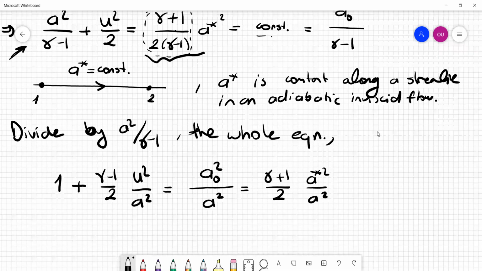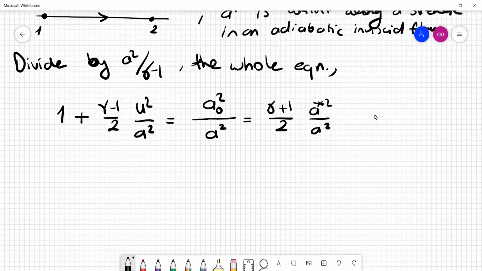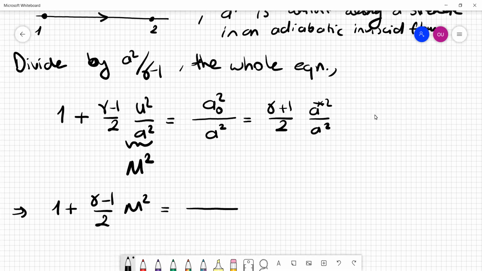Of course, why did I do that? Because I would like to see Mach numbers in my equation. Until this point, I don't see any Mach numbers. And here it is. This is actually equal to Mach square in this equation. So just rewrite it again: 1 plus gamma minus 1 over 2 M square. Now, this is equal to a0 square over a square.